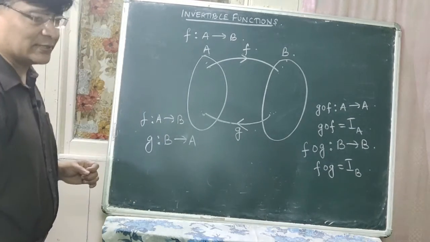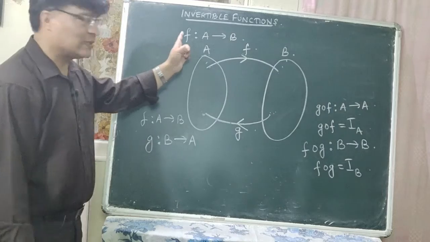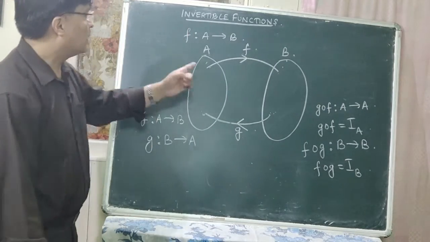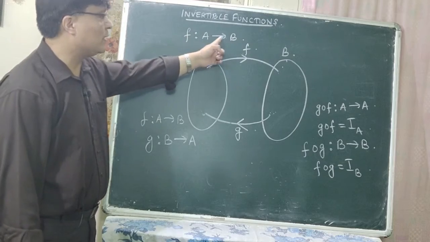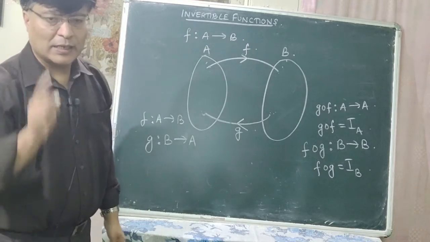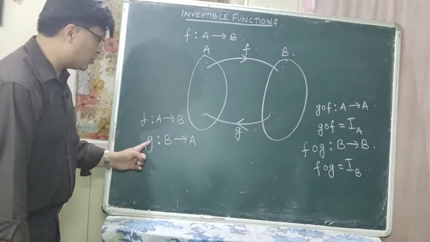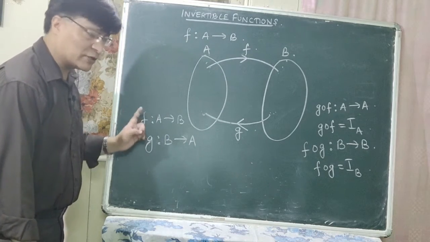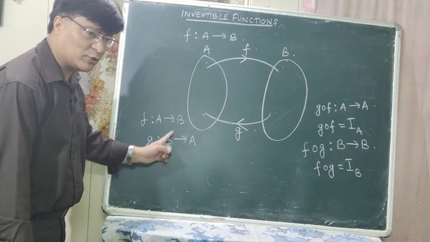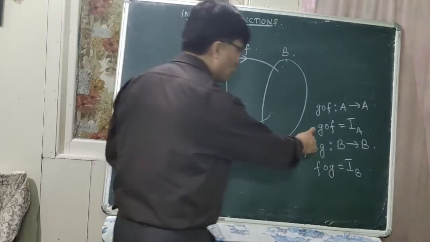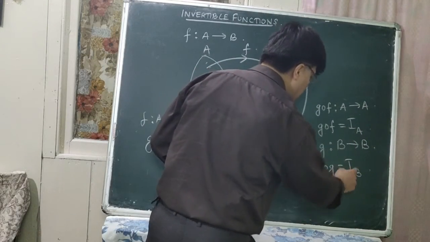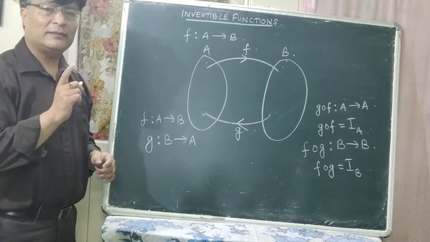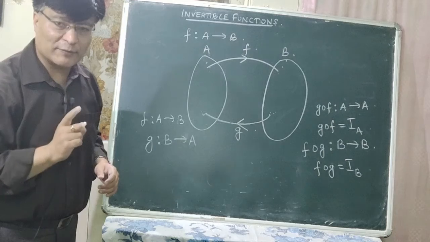So in this case, how will you define invertible function? Let f such that A to B be the given function. If there exists a function g maps from B to A such that gof is equal to IA and fog is equal to IB, then this is known as invertible function.